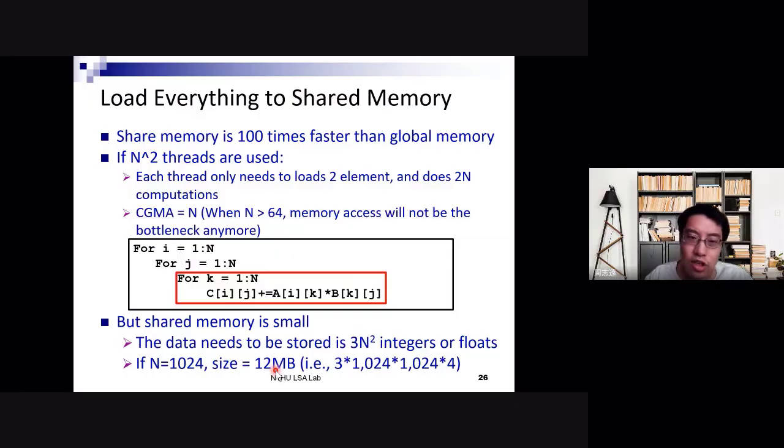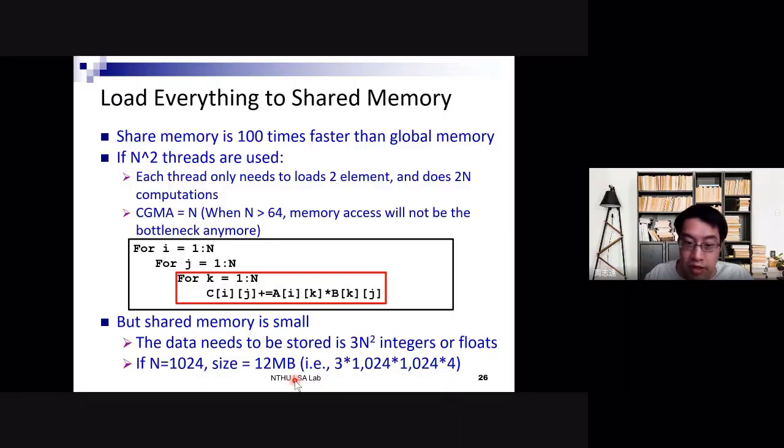And that's actually way larger than the shared memory size that could be provided per block or per streaming processor according to the hardware spec. If you look at the spec, usually it's only about a couple of 100 kilobytes. So it's way smaller than the 12 megabytes we need over here.